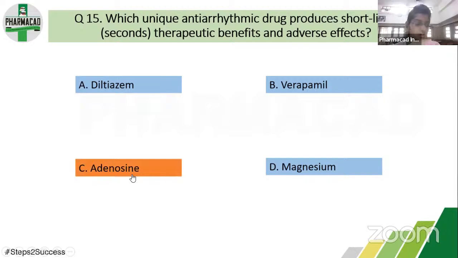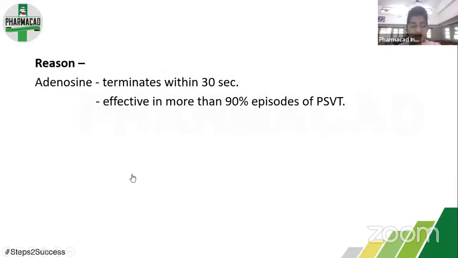Adenosine is a drug that has an action of approximately 30 seconds with a half-life of approximately 10 seconds. It is very fast acting and it is very, very effective in more than 90% of episodes of PSVT, that is paroxysmal supraventricular tachycardia.